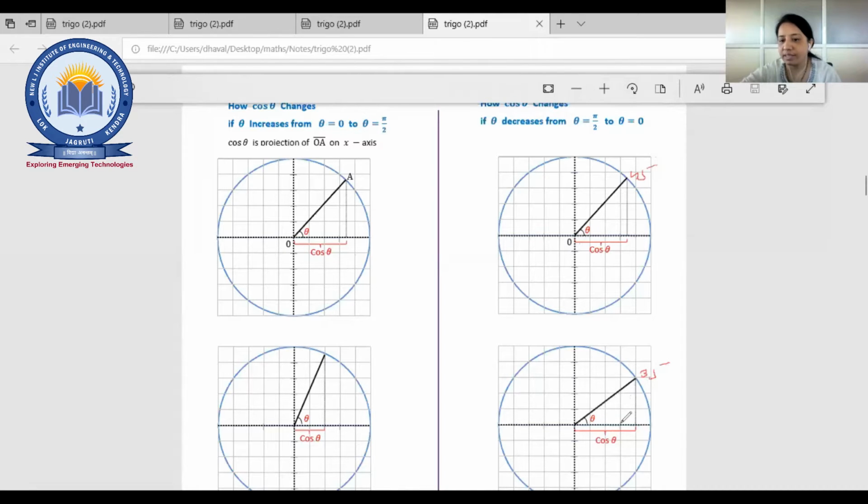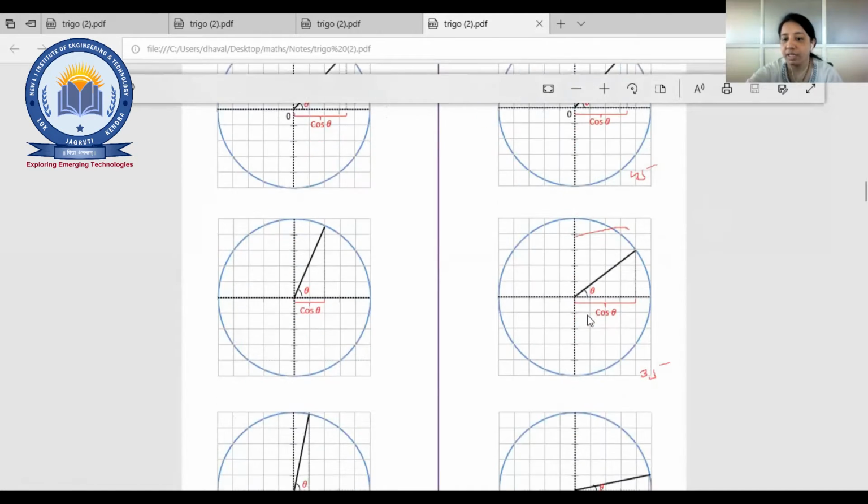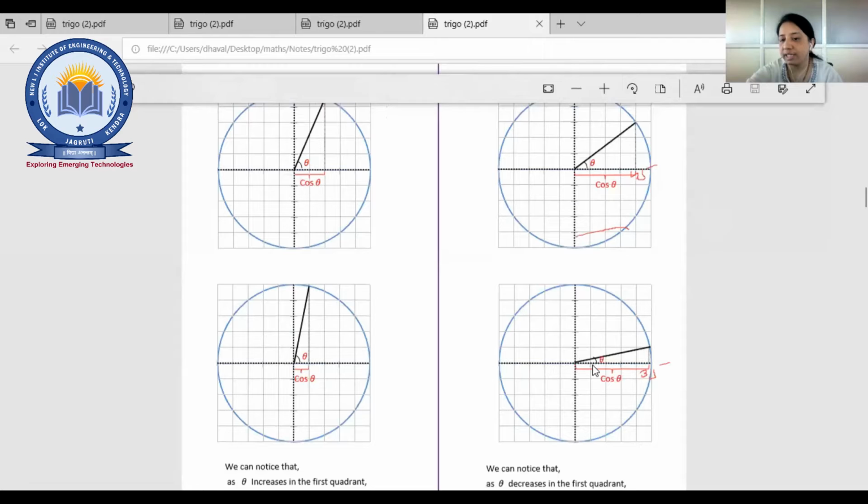So, what happened? You can see the cos theta is supposed to be increased, right? You can see from these two figures, right? This is cos theta and this is cos theta. Now, same way in the third figure, when theta is supposed to be decreased, suppose 15, right here. So what happened? The cos theta value is supposed to be increased.